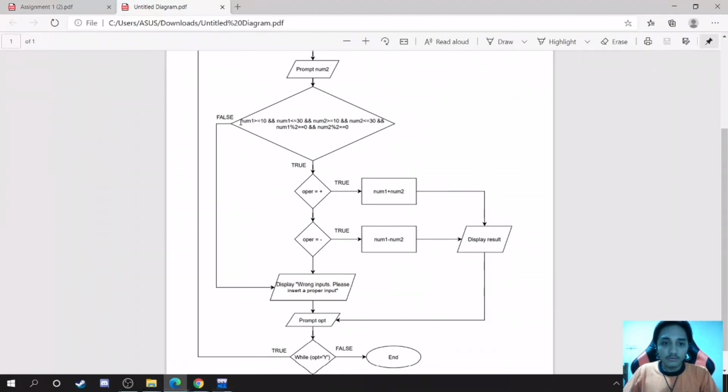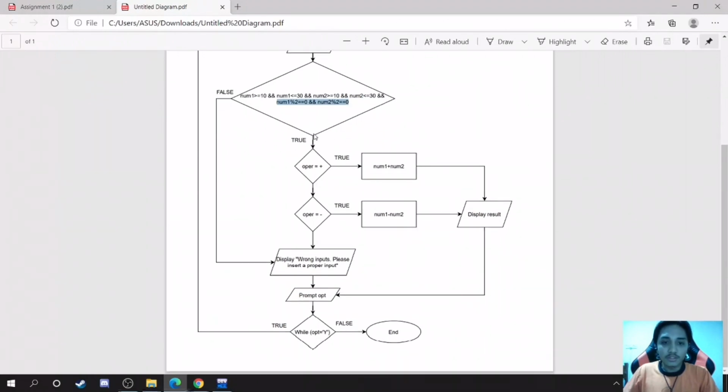First, num1 must be equal to or more than 10 and less than or equal to 30. Same goes for number 2. And then both of them must be divisible by 2, which means both of them must be even numbers.